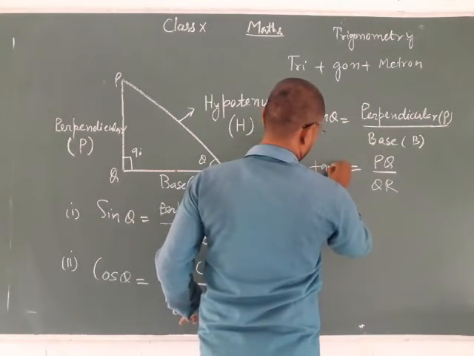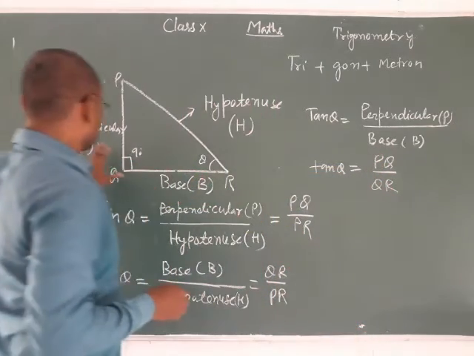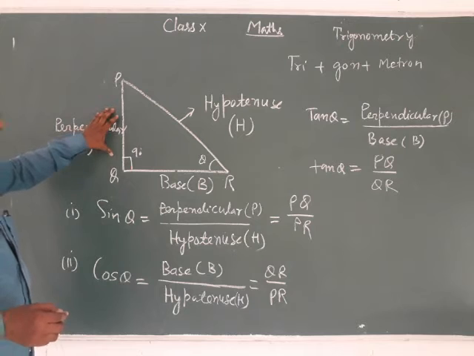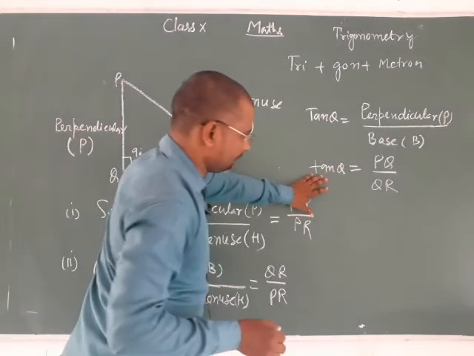The ratio of perpendicular upon base is called tan theta.